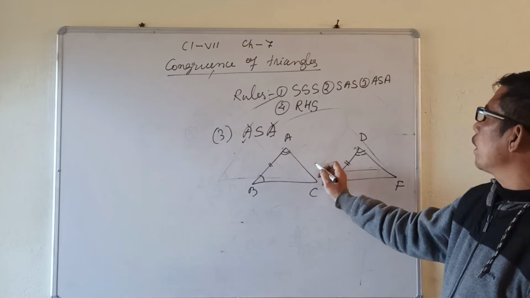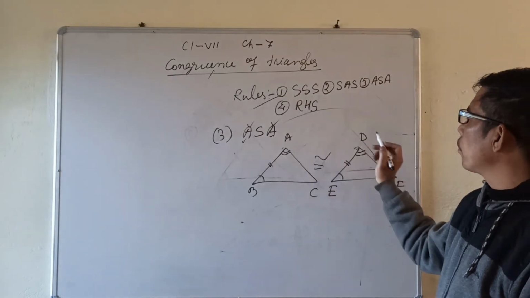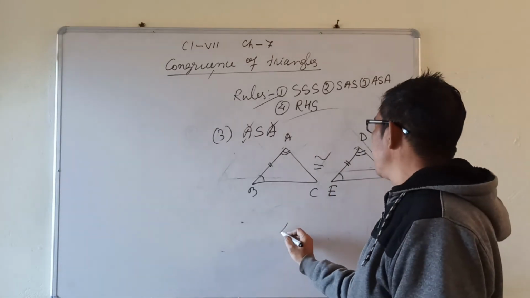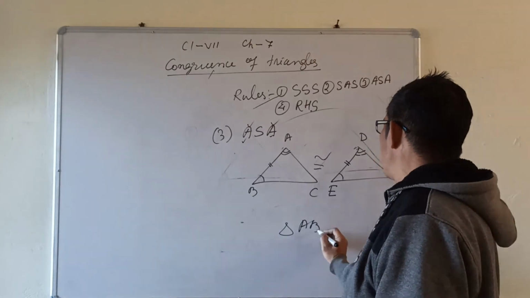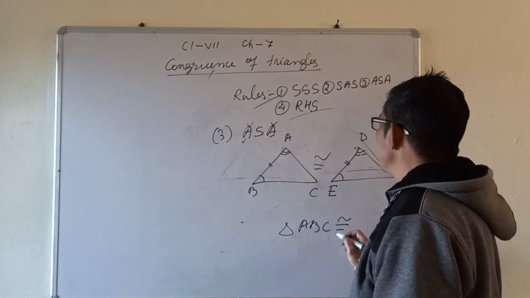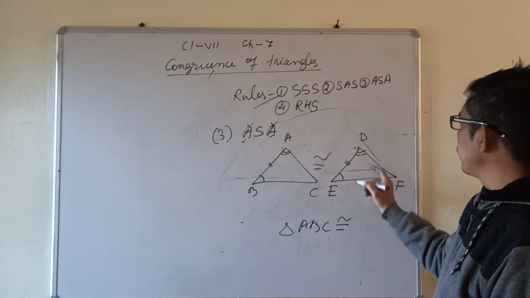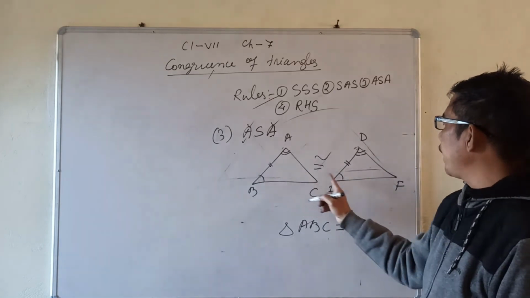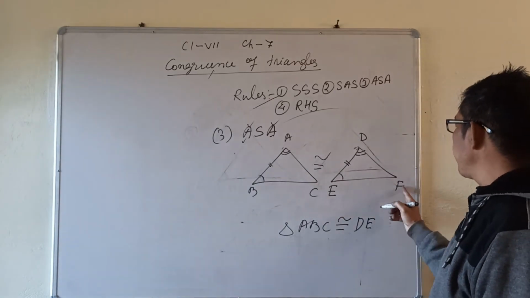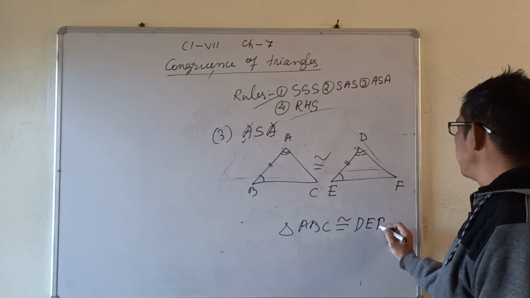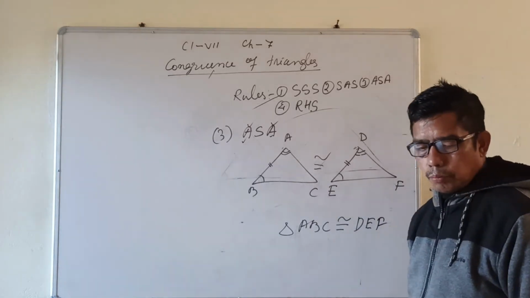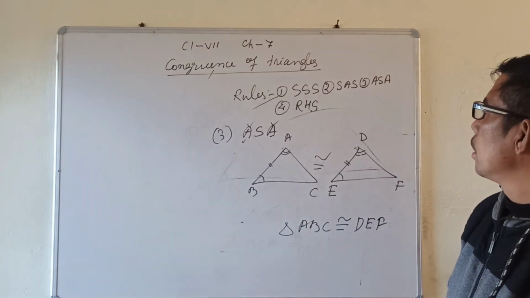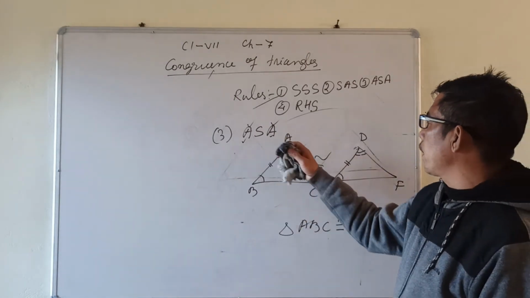Then these two triangles are congruent, and we can write triangle ABC congruent to A plus B comma, B plus E comma. Then automatically C plus F will come. So this is how to prove two triangles congruent by the angle side angle rule.